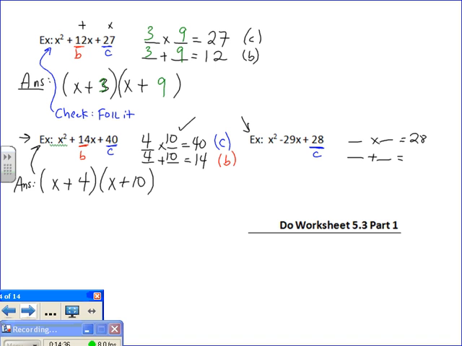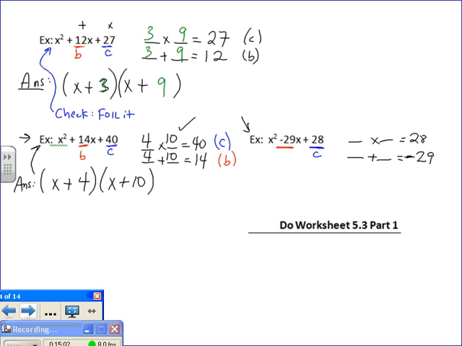This time, though, my middle term is negative 29. So I have to keep that negative. We can think of it as a subtraction sign or a negative sign, but it has to stay with the 29. All right, so I'm looking for two numbers that are going to add to give me negative 29 and multiply to give me 28.